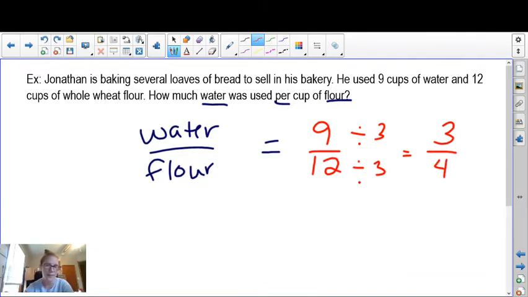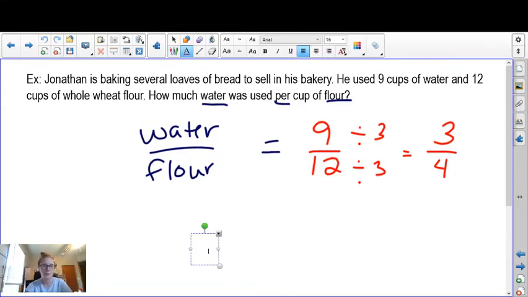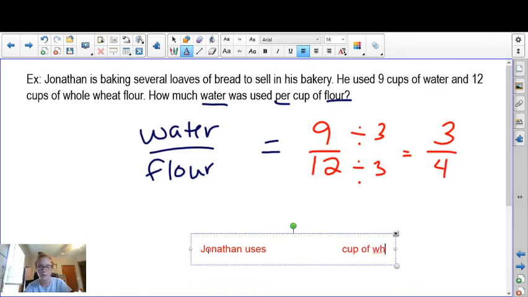So I can say that for my final answer, Jonathan uses space cup of water per cup of flour.